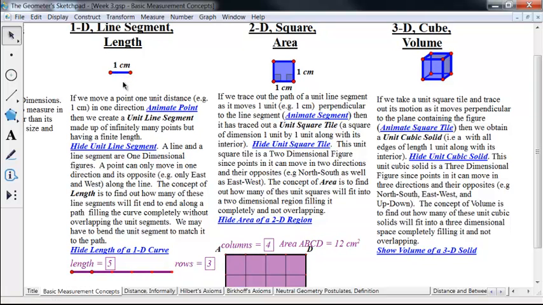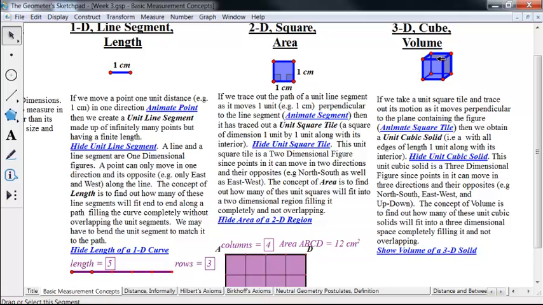Let's see what we have. A line segment has 2 endpoints, and then the line segment itself. A square tile has 4 vertices and 4 edges, and then the interior region. The cube, this is not going to be just a cube, but the interior of the cube as well, so we're going to think of this as a solid cube.